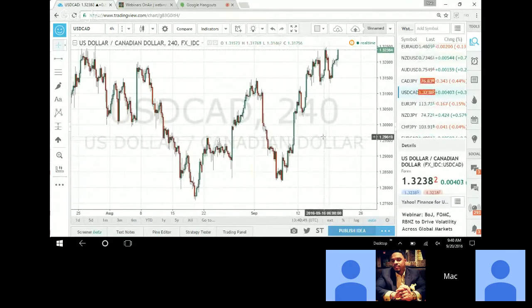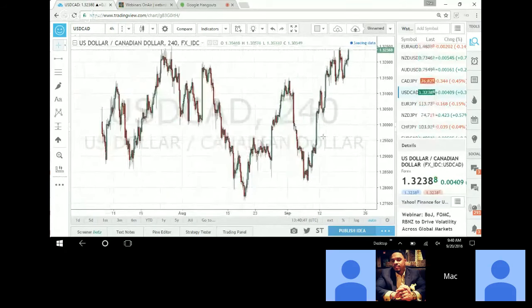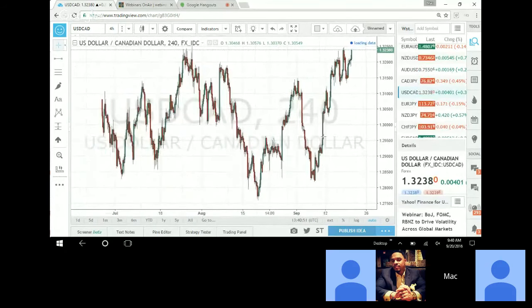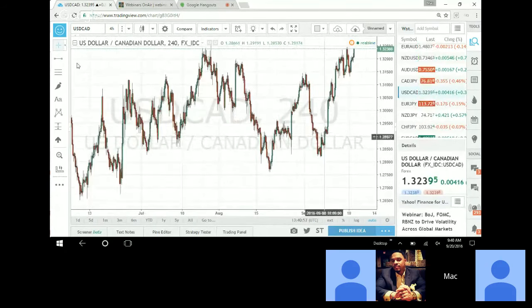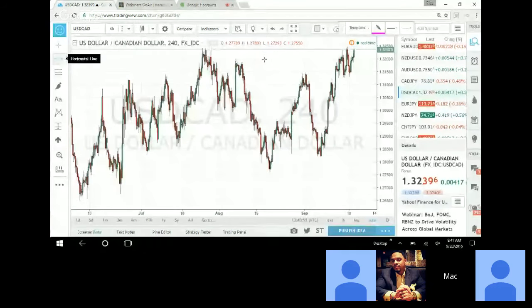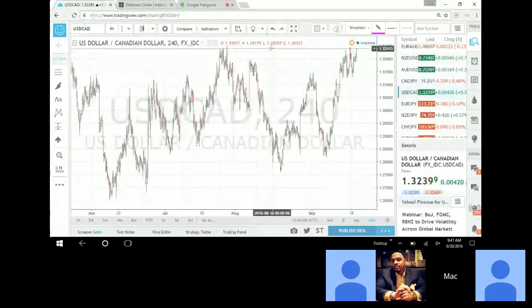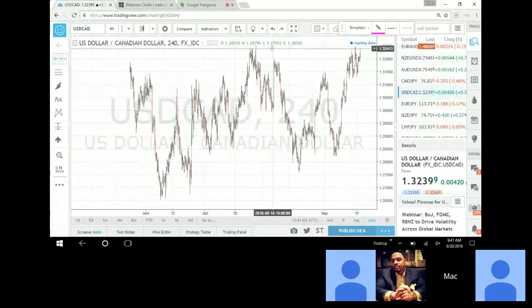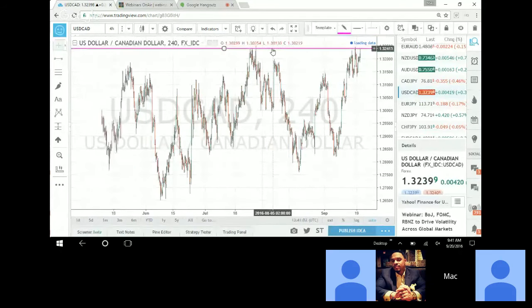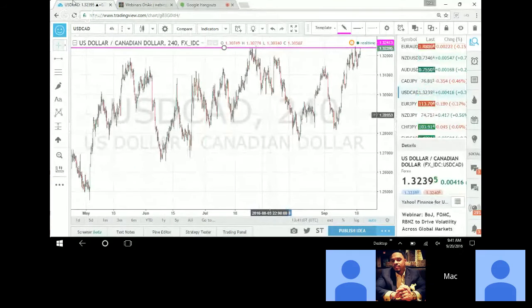Let's draw some resistance lines up there. It's right at a resistance area right now. I would like to see what it does from there. All right, we got one there.